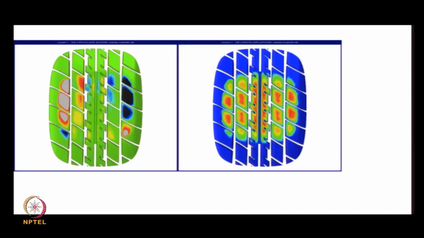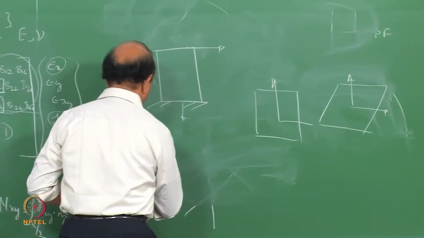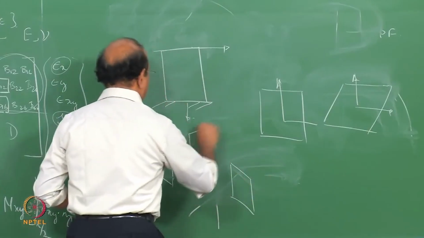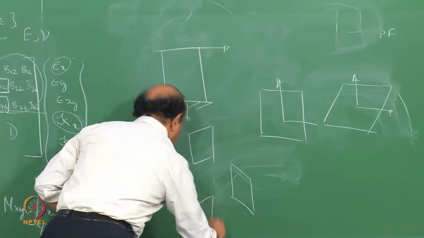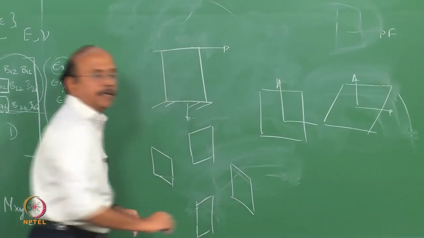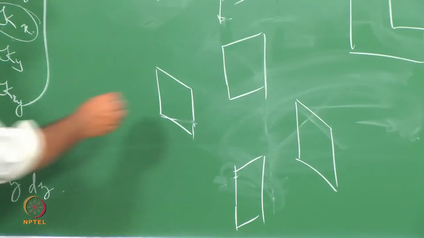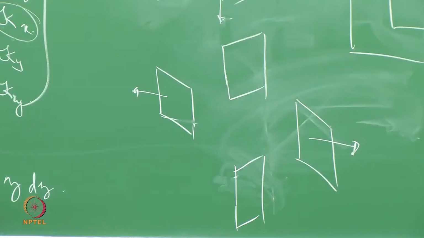Now I have shears that are happening. Let us say that I have these kinds of rhombus blocks sitting like this, and there are going to be, even when it's rolling, remember, lateral shear forces that are going to happen.